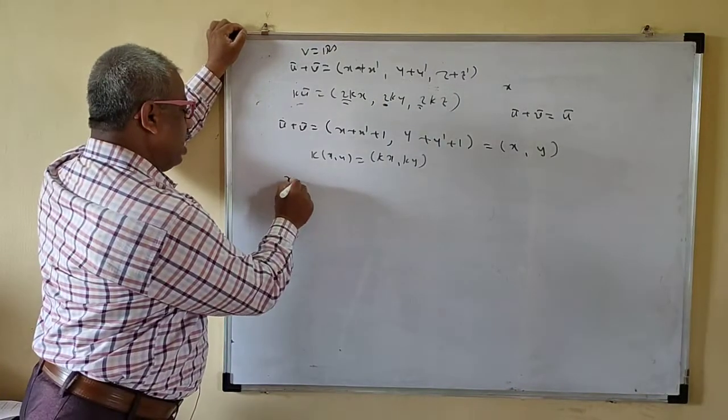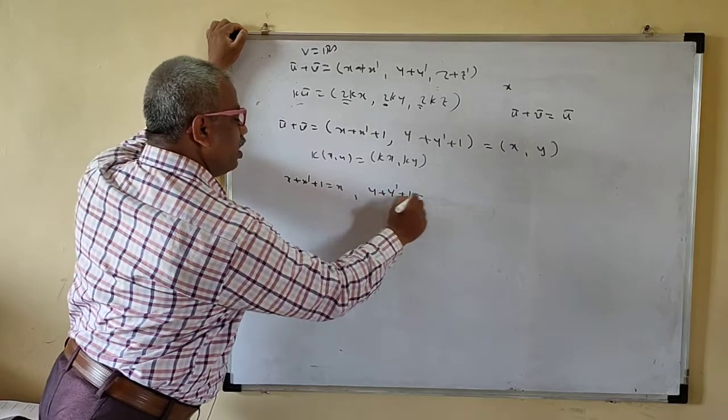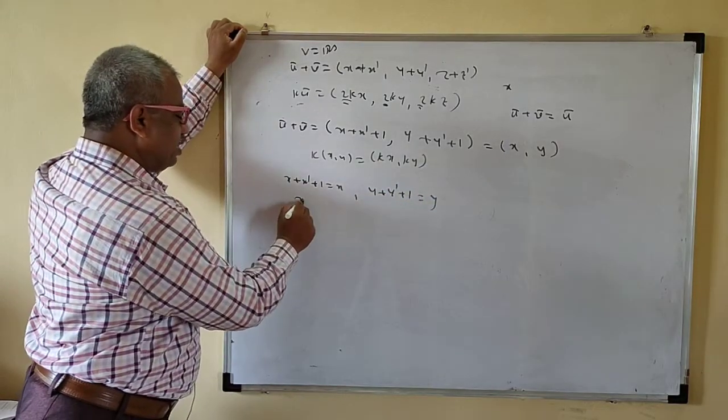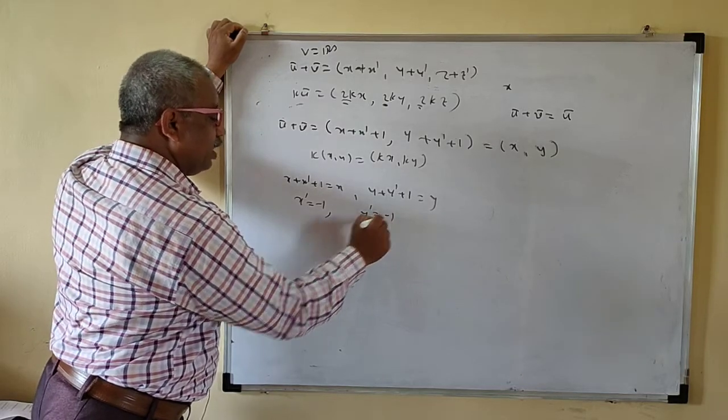That means x + x' + 1 is equal to x, and y + y' + 1 is equal to y. So the x's get cancelled, so x' is equal to minus 1 and y' is equal to minus 1.